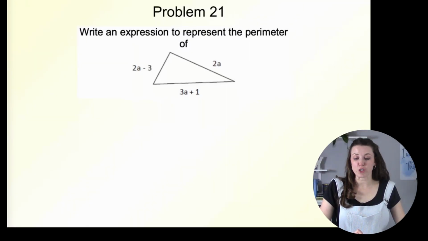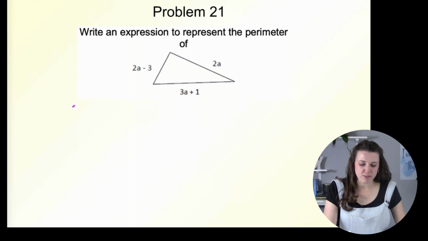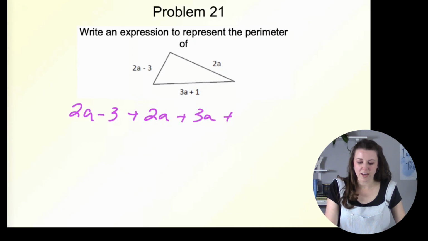Write an expression to represent the perimeter of this triangle. So as a reminder, a perimeter is really just the fence, okay? So we're basically going to just add all these numbers together. So I have 2a minus 3 plus 2a plus 3a plus 1.